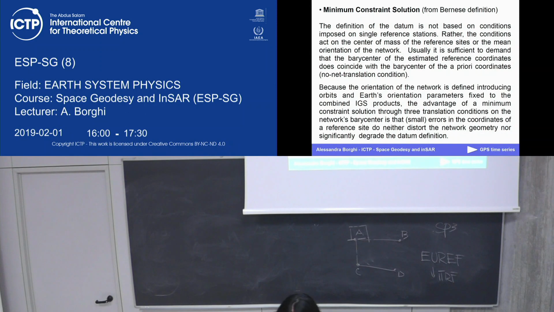So the orbits are fixed. What happens for the points on the Earth? For the points on the Earth, you just put a high weight on the coordinates of the reference system.